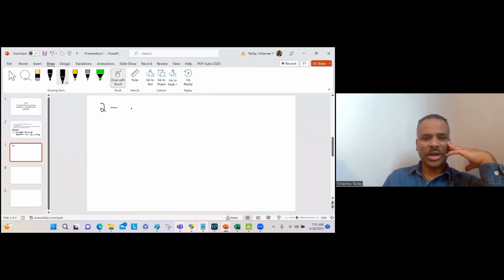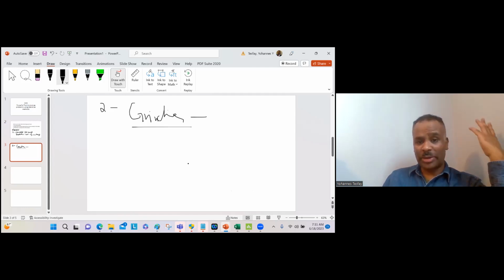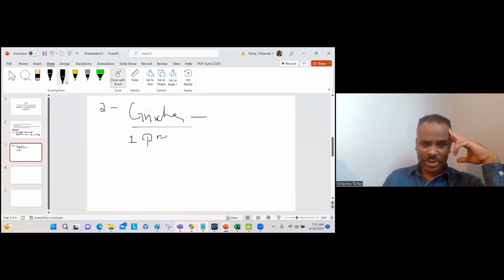Two, grinding, for example the grinding process. When you grind, it could be metal, or aluminum, or some other material. What are the inputs? One is the pressure, two is speed, three is time or cycle time.